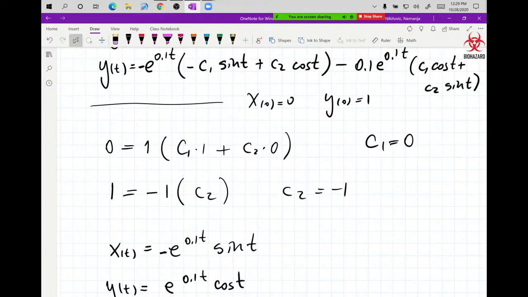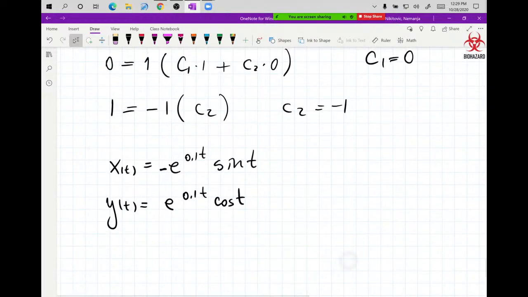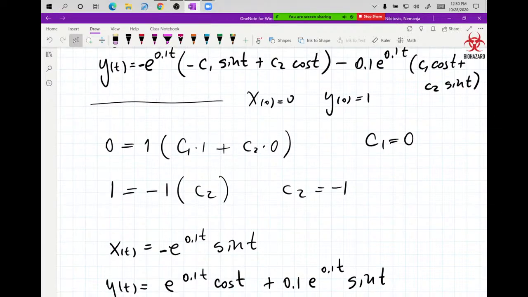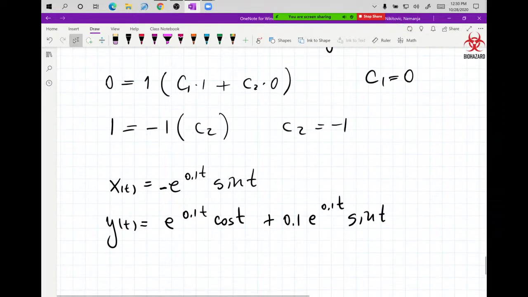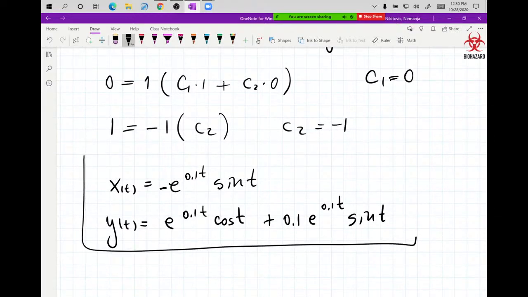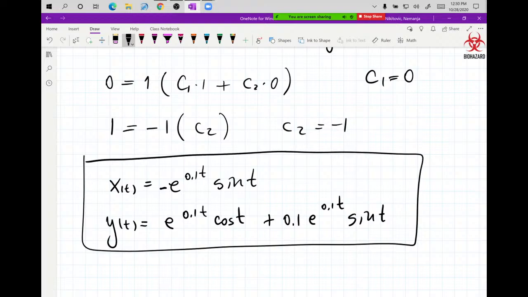And in the second one, this one dies. That's a negative, that makes it a positive. So plus 0.1 e to the 0.1t sine t, and the sine is the one that survives here because sine is C2, and that negative changed that to positive. There they are. That's the solution of the system.